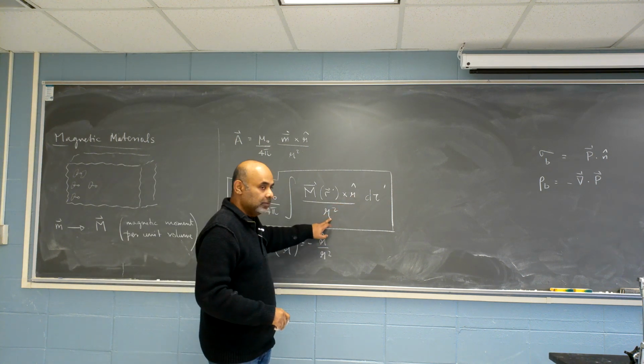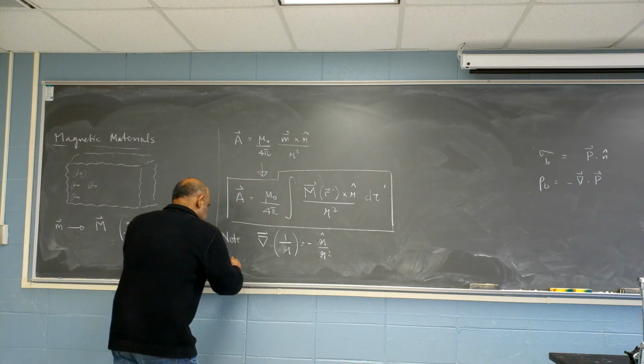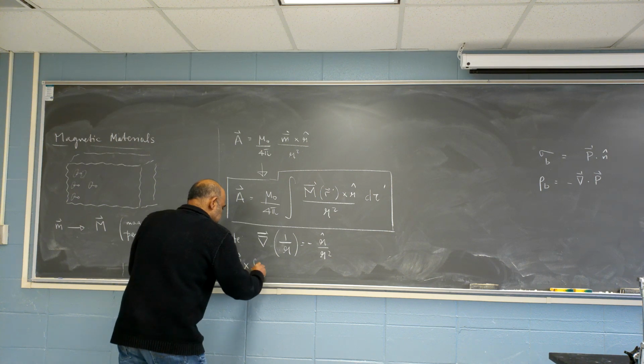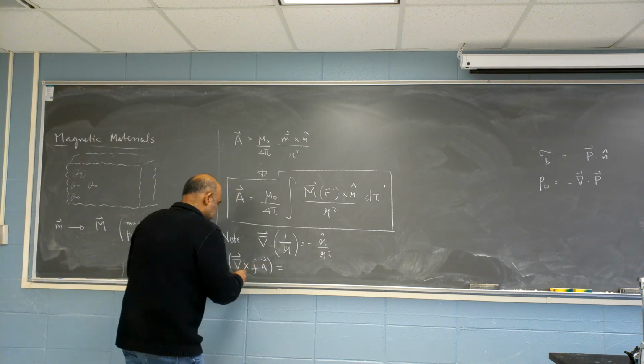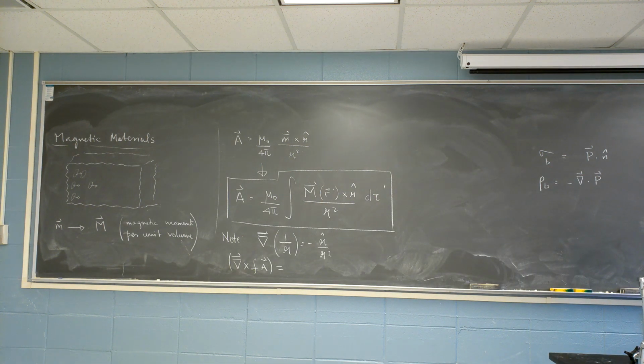Look. And I think we need one more equation: the curl of a scalar function F times a vector field A. This is property number 7.